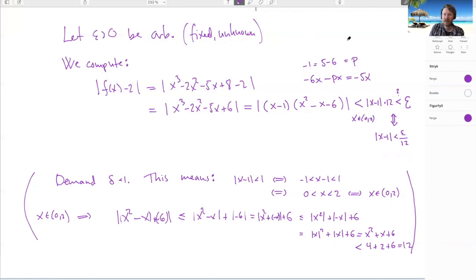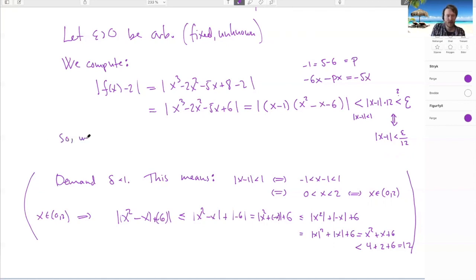Here I put this condition, but let's write out this condition in terms of the delta. So this thing here was when the absolute value of x minus 1 was strictly less than 1. Then I can do this move, and then I can do this move if this holds. What does this mean? Well, it means that this thing here is less than epsilon if this is true and if this is true. Aha.